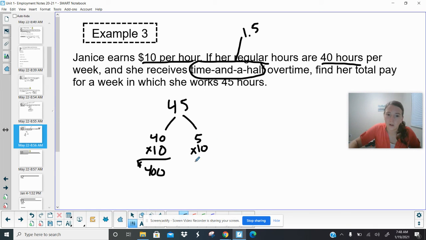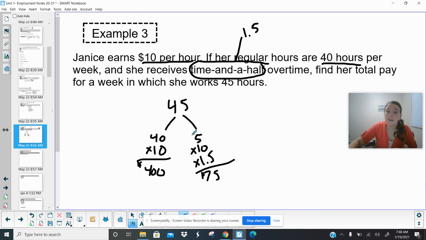This would be normal, but she gets 1.5 times as much just for those hours, not for all of the hours. It's not that you work 41 hours and then suddenly, whoa, you're getting time and a half for everything. No. The first 40 hours, still just paid regular. Only the extra get paid that 1.5 times as much. So 5 times 10 times 1.5, we should get 75.